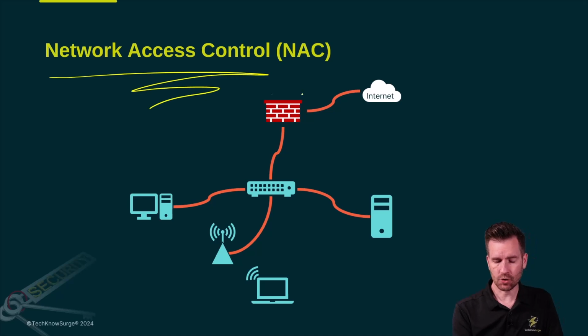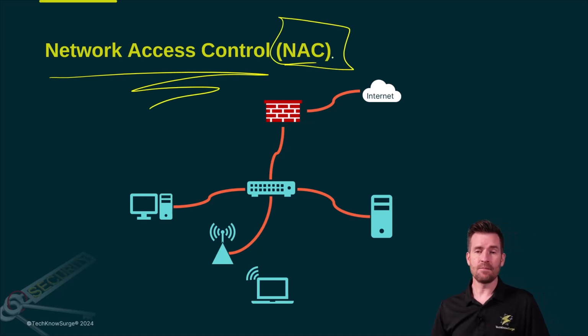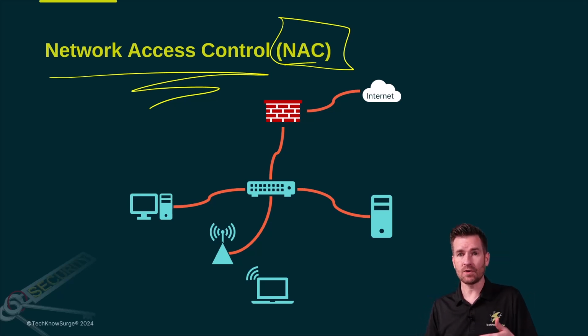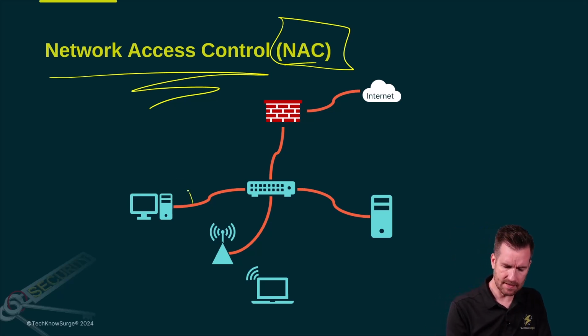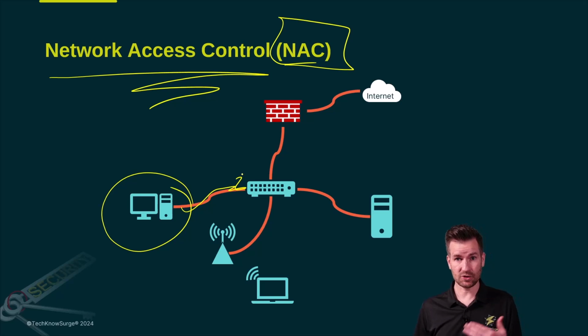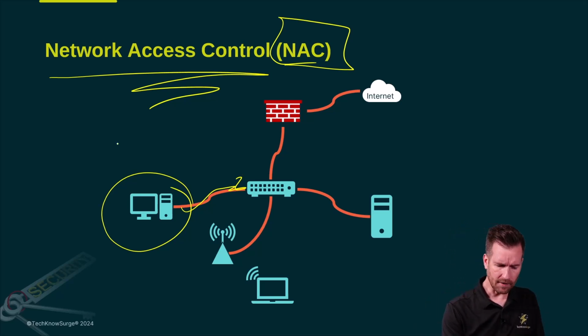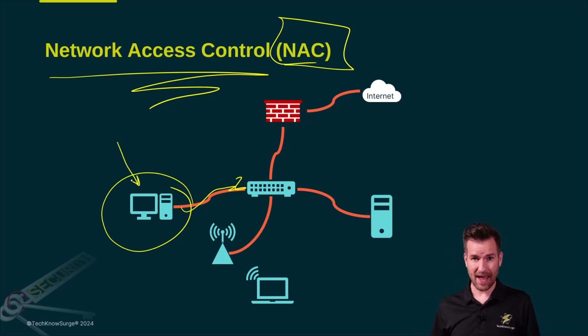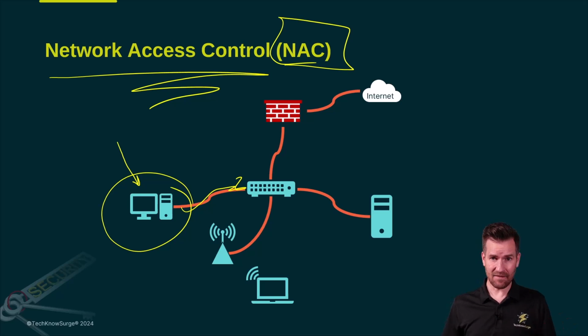Network access control, or NAC, can be used to help us implement zero trust. It's one of the ways that we can make sure that things that come onto our network should be on our network. So an example of this is this machine right here might have the login credentials to access the network. However, is this machine fully patched? Does it have its antivirus? Is it up to date with its antivirus?